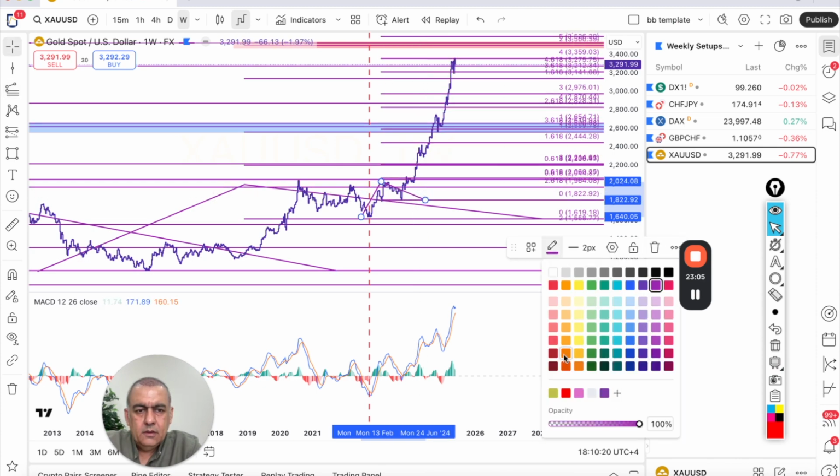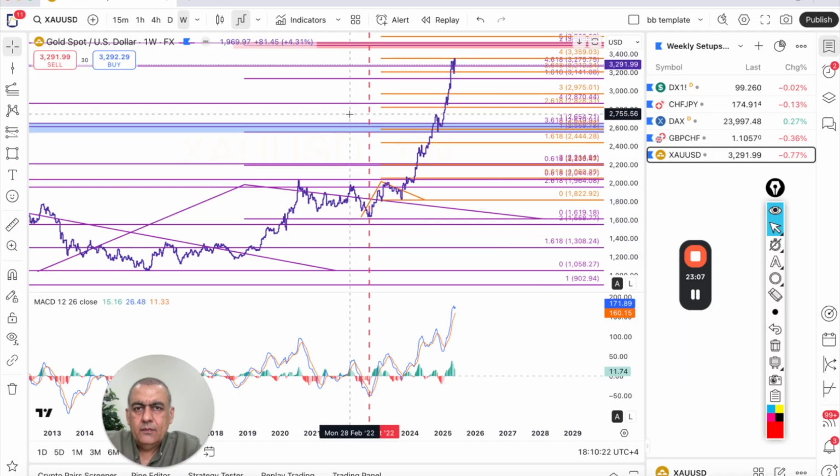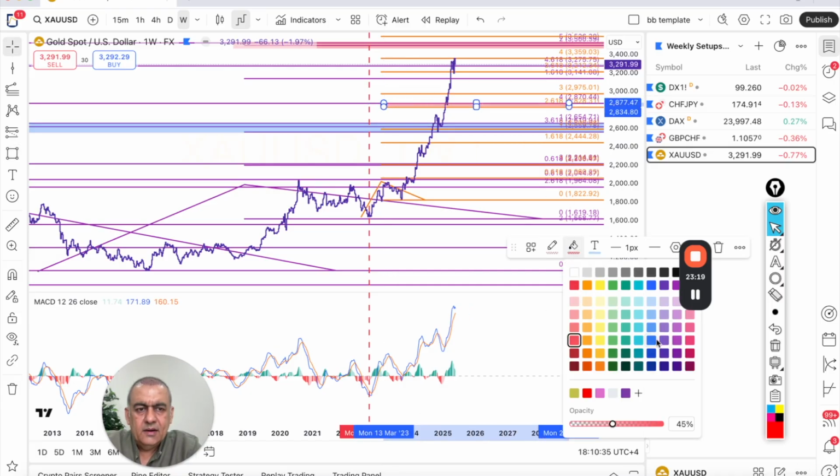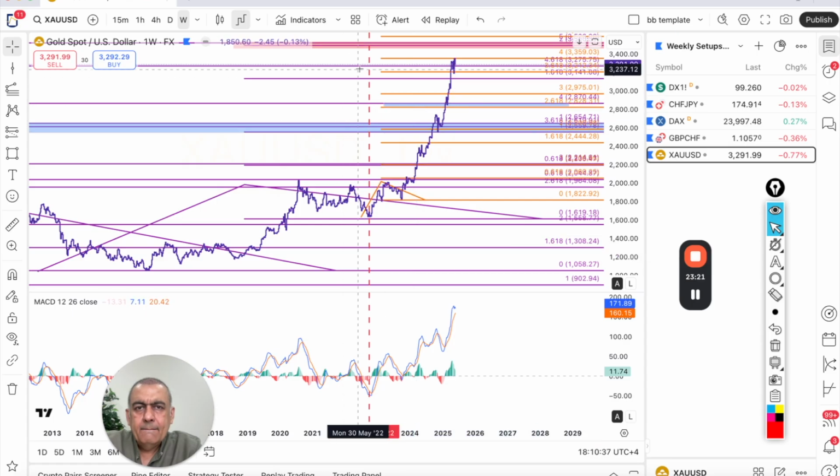I'll change the color to orange here, and this area reinforced as support, and we have few more areas to be highlighted as magnet support. So this is our second magnet support, and we can say this area is also a magnet support.